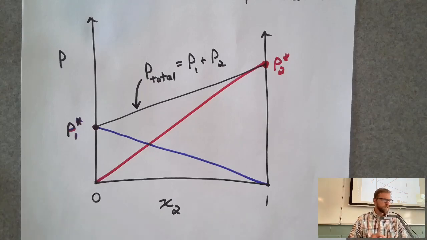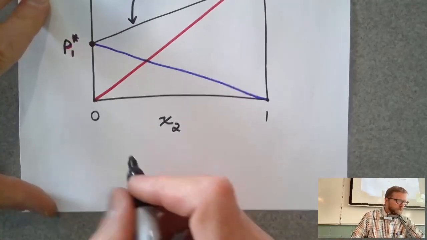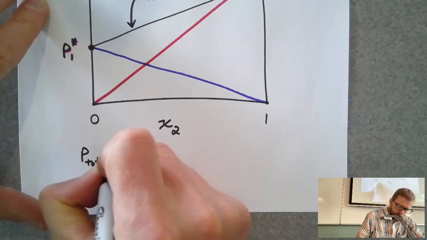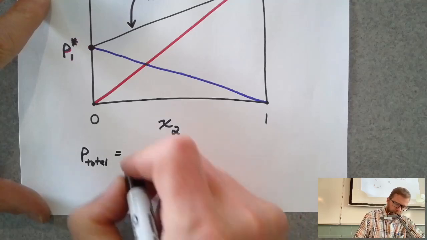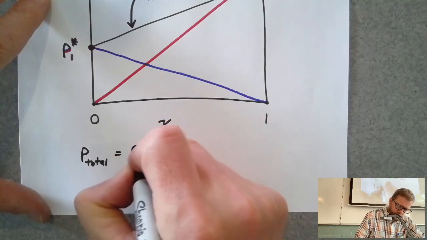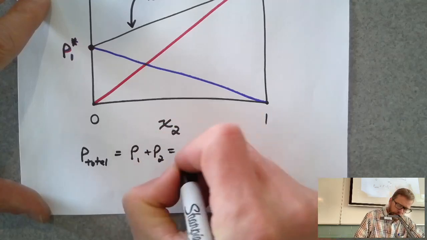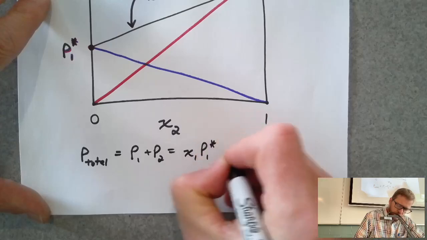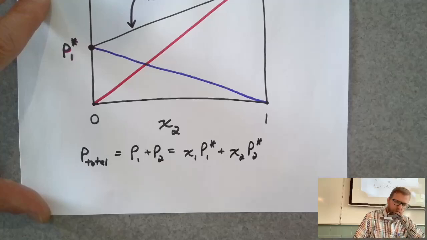And we can actually obtain an equation for that, noting that P total is equal to P1 plus P2, which equals X1 P1 star plus X2 P2 star.